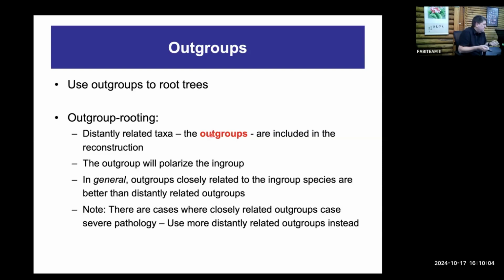So, for example, you cannot root a tree that has mammals with bacteria. That's not going to work. It's too far away. Or if you want to know something about the phylogenetic relationships of bacteria, you can't use a virus. It's just too far away. So it should be something that's close and distant.